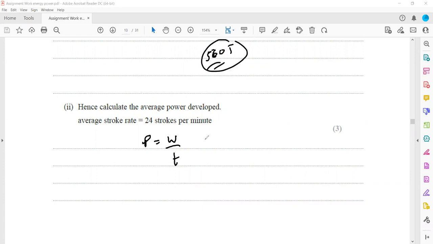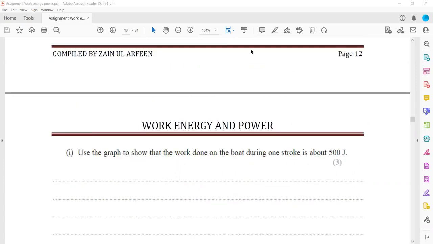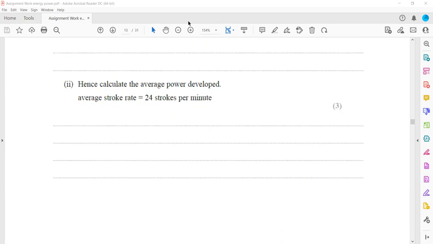That is the area, the amount of energy used for one stroke. So 500, even if you are not able to solve this part in the exam, you can use this number here. For example, you try to get the answer, but you're not getting 500 or around 500. Then you can use this number here, which is given. So I can also use this 500 in my next part as it is related.